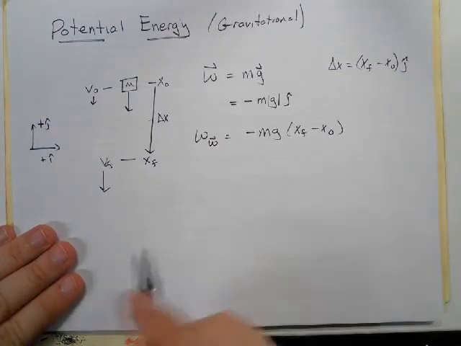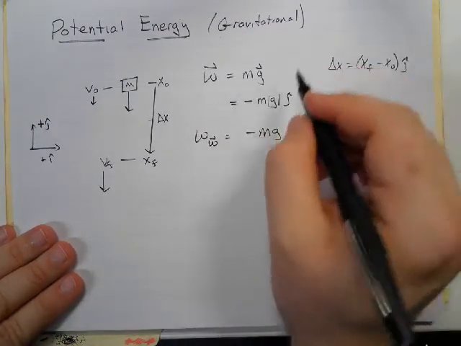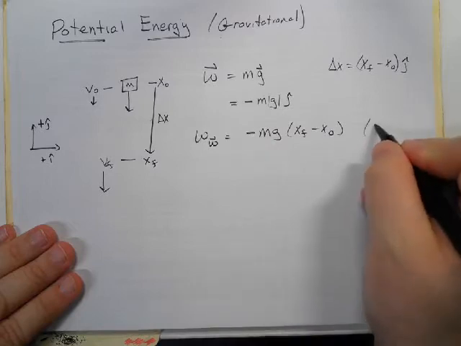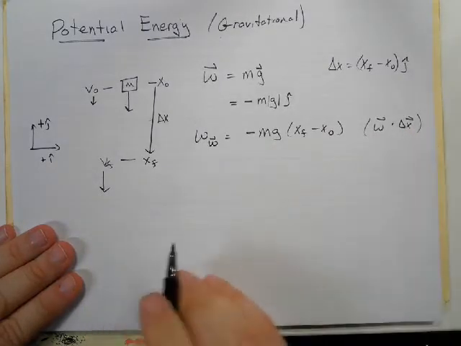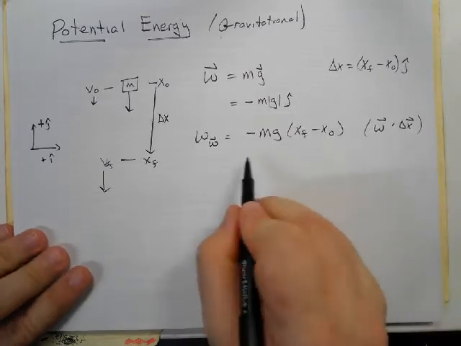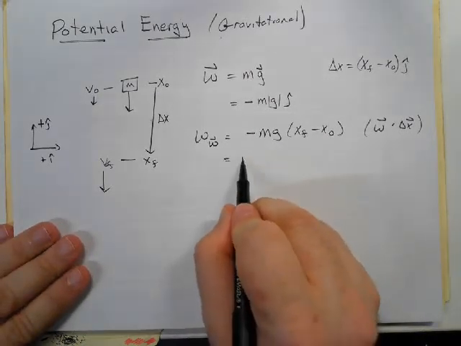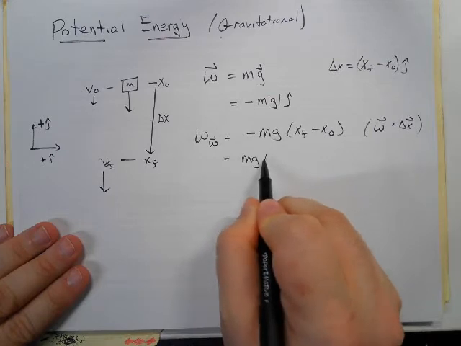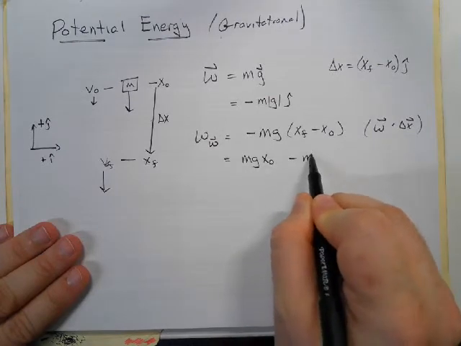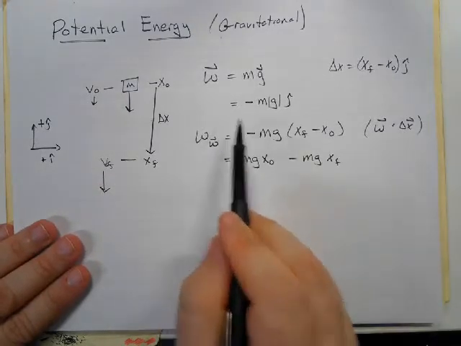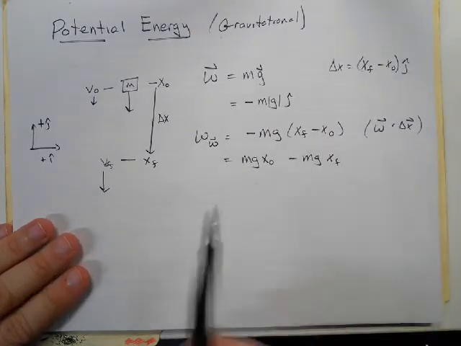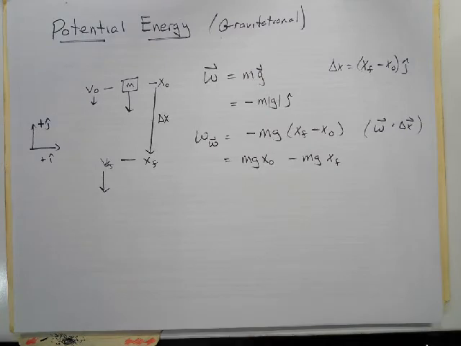All right, because what we're doing is we're dotting these together. And so what we get is an expression that it's mg x initial minus mg x final, like that, where that minus sign changes this around. So that's the work it's done.